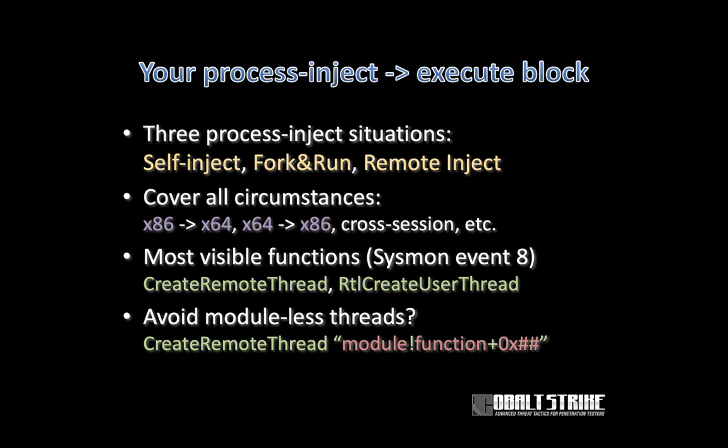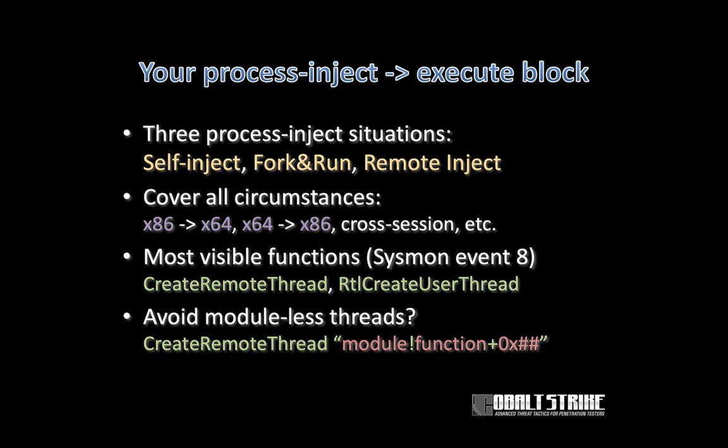Your execute block needs to cover the trivial case of 32-bit to 32-bit or 64-bit to 64-bit. Those are trivial. What about 32-bit to 64-bit or 64-bit to 32-bit? What about going across desktop sessions?